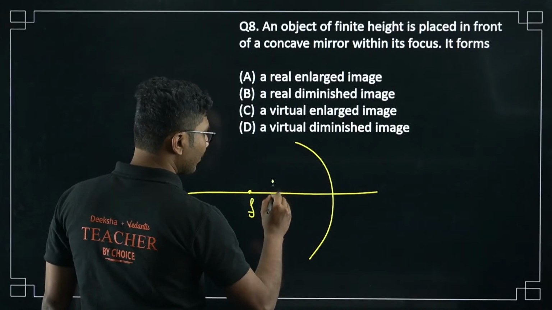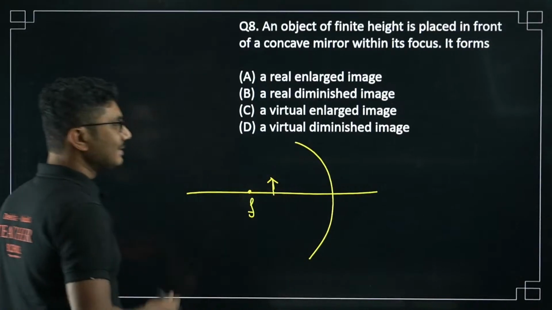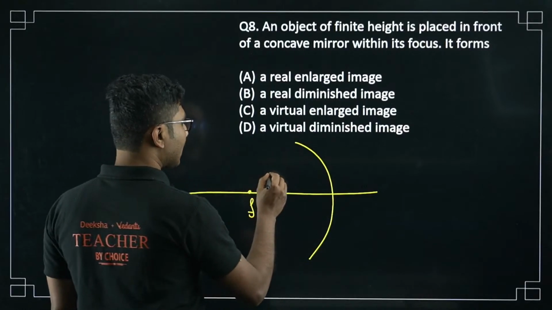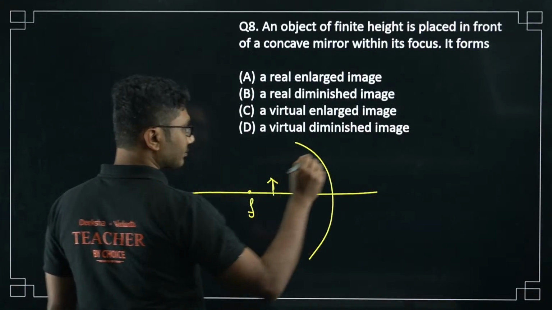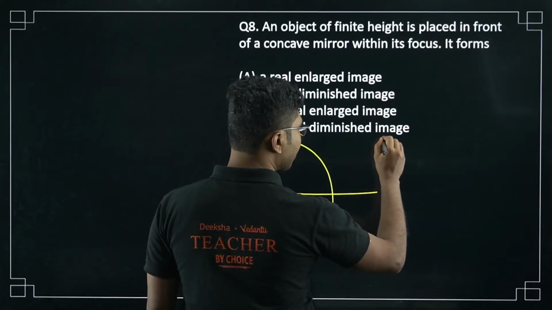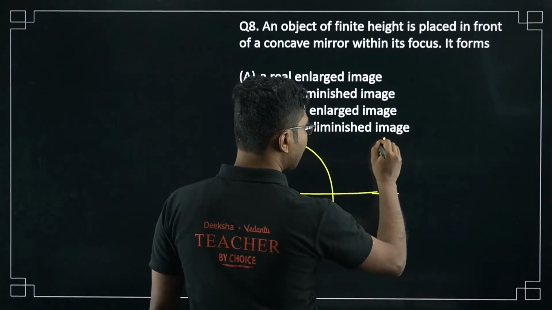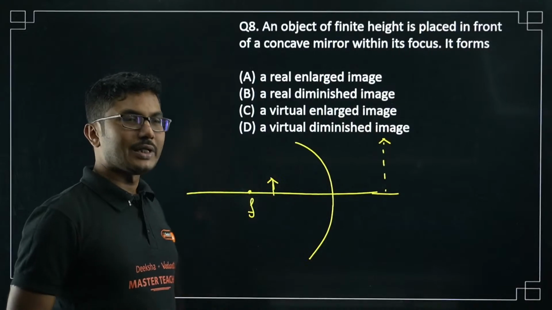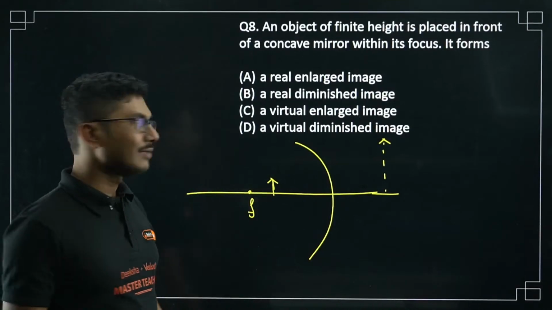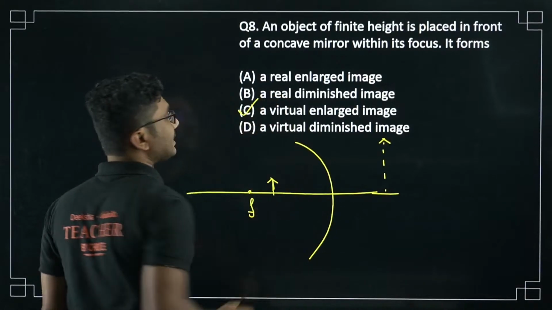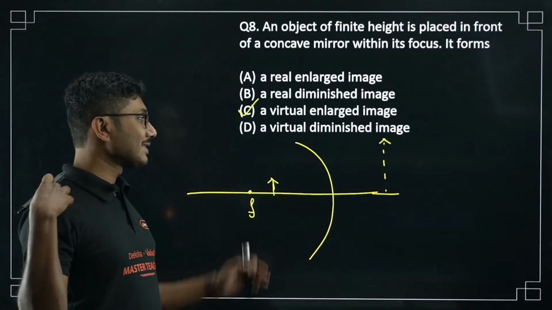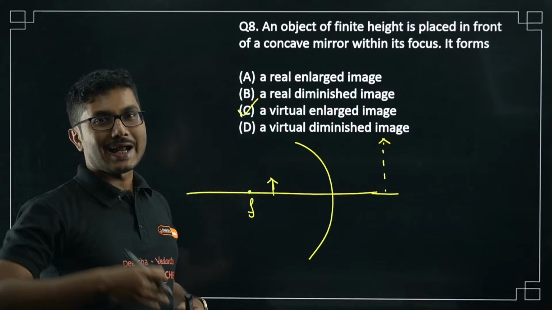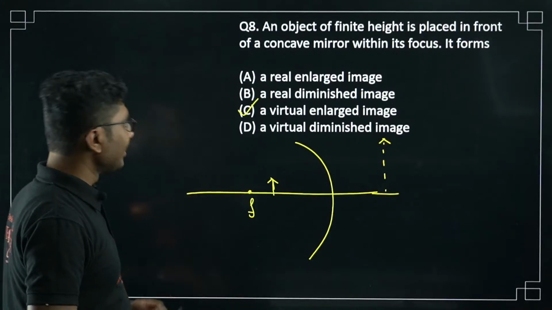The object is placed within the focal length, which means the object distance is less than the focal length. So we'll get a virtual image, formed behind the mirror. So we will get a virtual enlarged image. A concave mirror forms a virtual enlarged image when the distance is less than the focal length, similar to the convex lens. Convex lens and concave mirrors are cousin brothers. Similarly, convex mirror and concave lens are also cousin brothers.